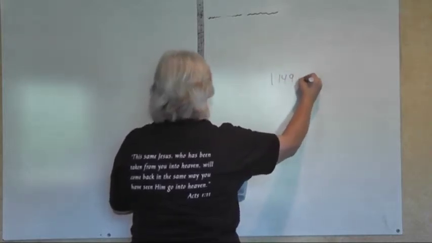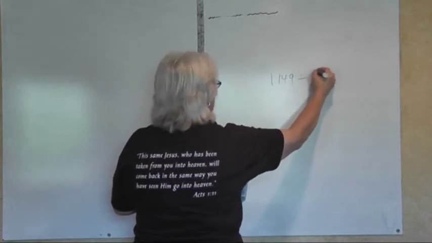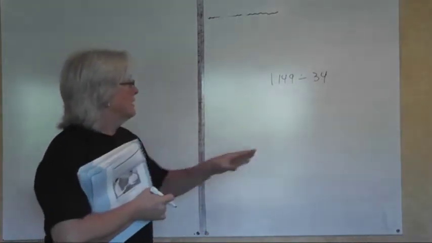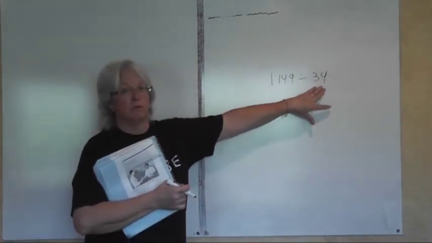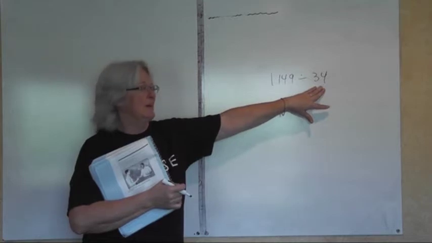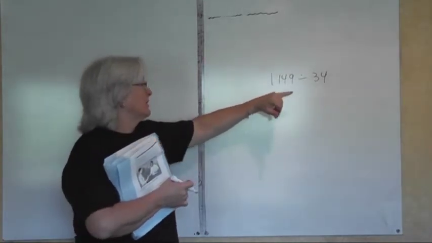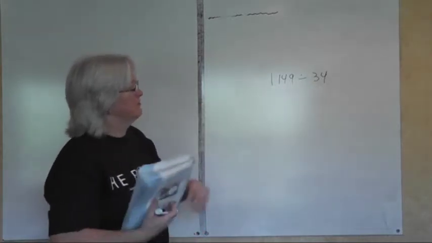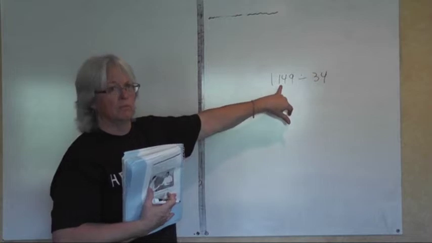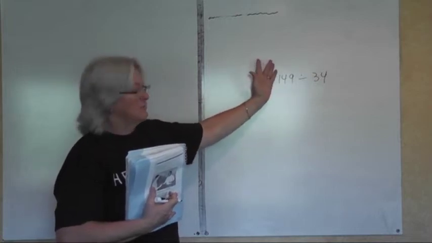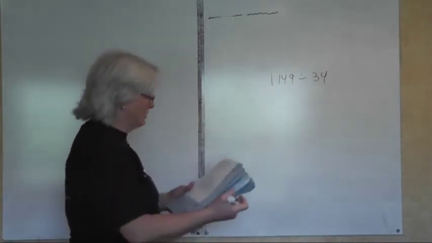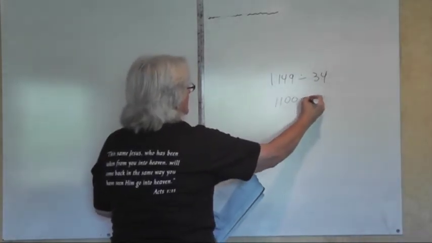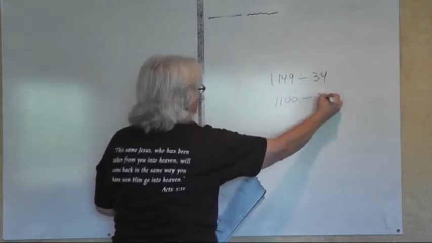1,149 divided by 34. Okay, we want to round the 34 down to 30. Let's look at this and say 1100 would be where it would round closely to. 1149 we could round down to the hundreds. 1100 divided by 30.